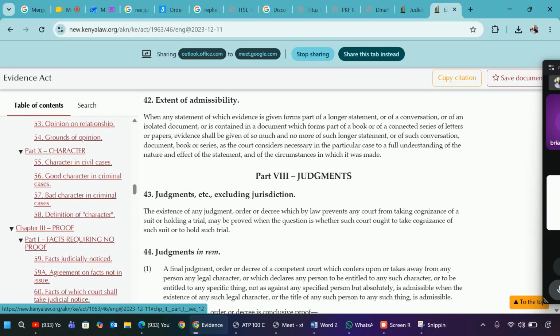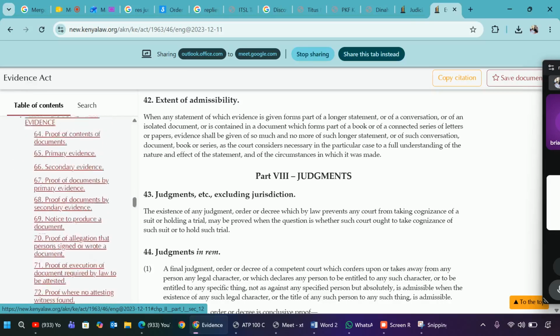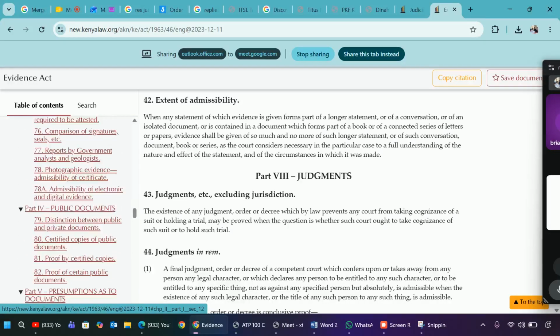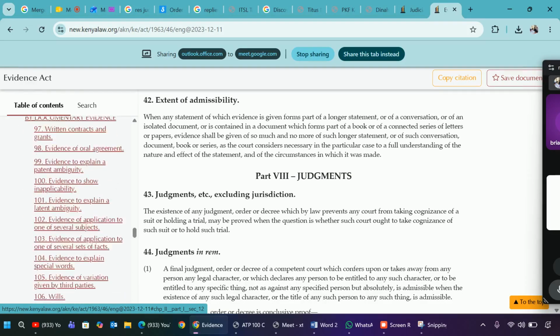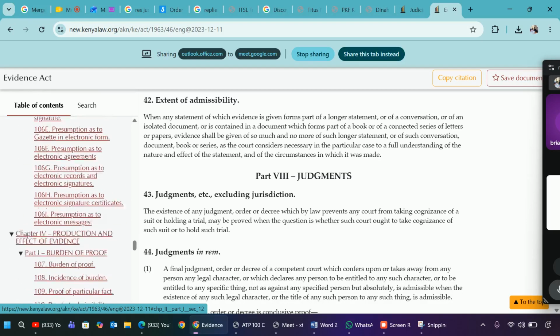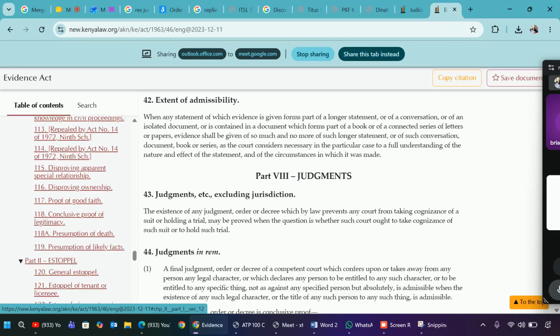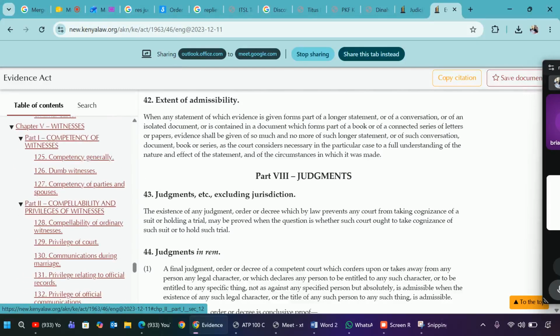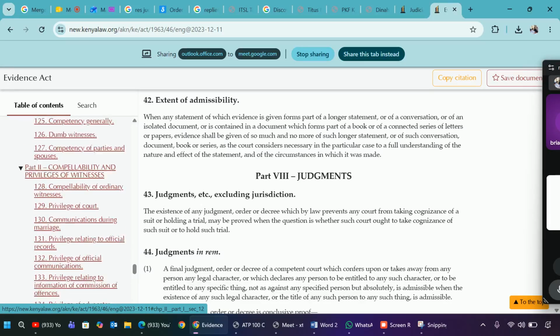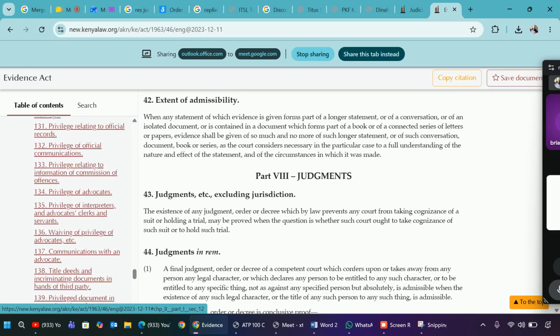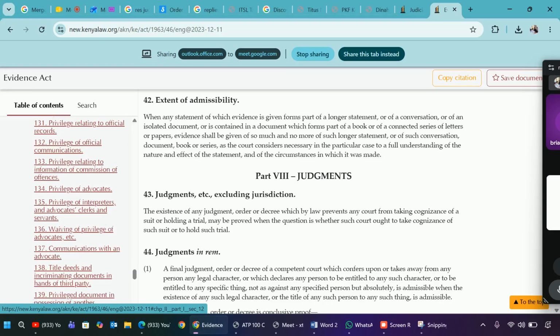What does the Act provide? Okay. We will look at competency of a witness but in a different part.